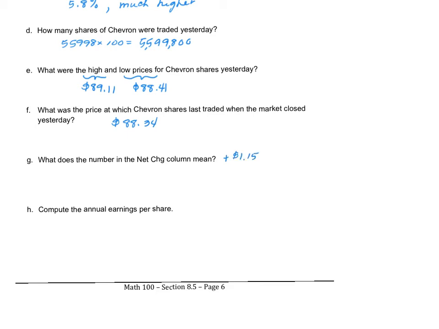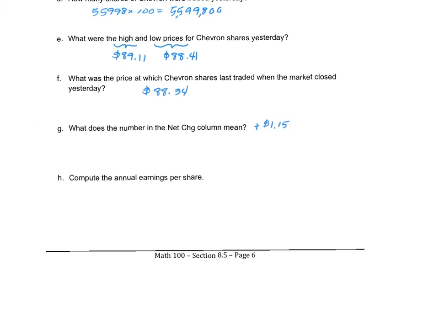So it went up $1.15 per share from the closing 2 days ago to the closing yesterday. So you could say something like yesterday's closing was up $1.15 from closing 2 days ago.